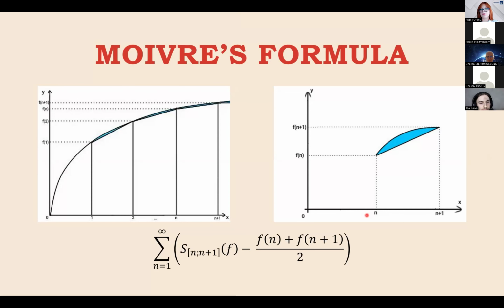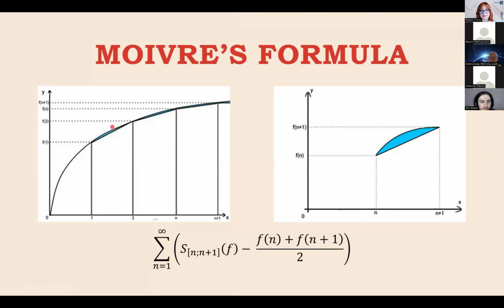It should be noted that f of n plus f of n plus 1, divided by 2, is the area of a regular trapezoid with height 1 and bases f of n and f of n plus 1. Here we can see these parts.